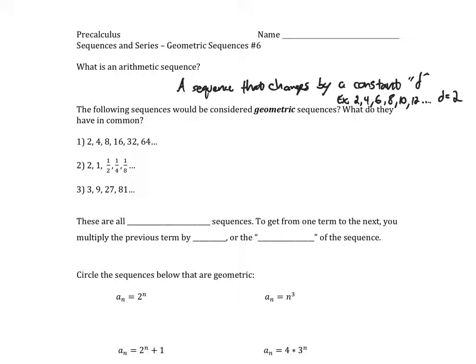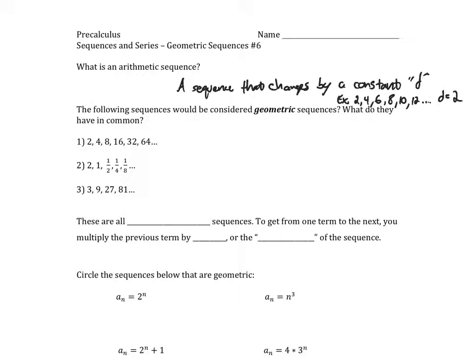3 times 3 is 9. 9 times 3 is 27. 27 times 3 is 81. So it looks like if I'm trying to find a commonality amongst all these 3, to find the next term, it all depends on multiplying the previous term by some number, and it's constant each time.